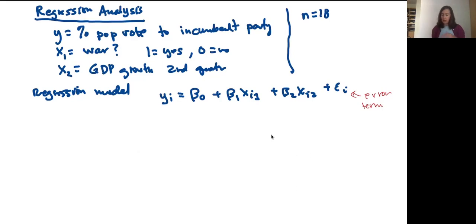Okay, so continuing, let's take this regression model that we have in our head. The hypothesis here is that beta 1 is greater than 0. That would be the idea that being at war causes people to vote for the incumbent.